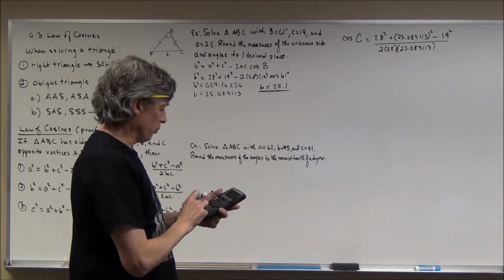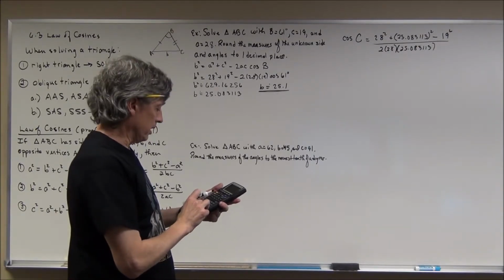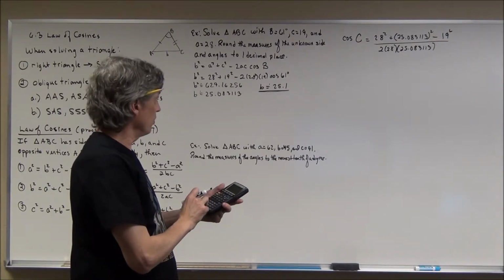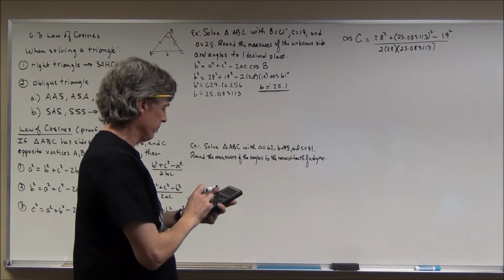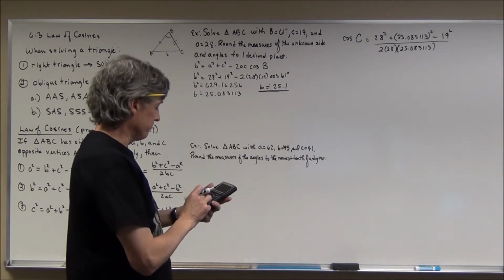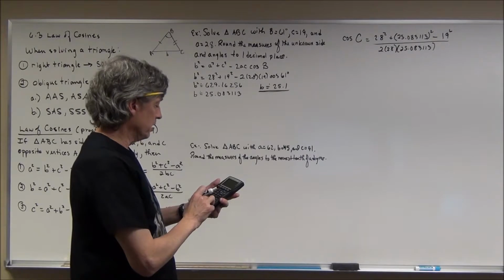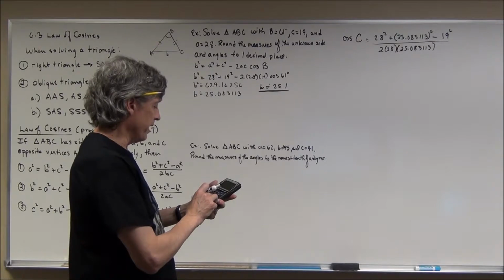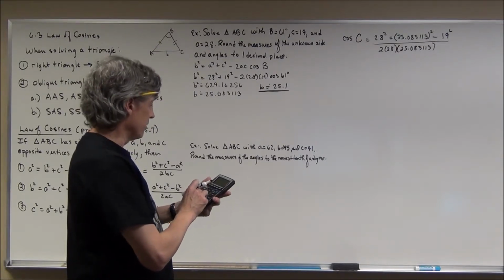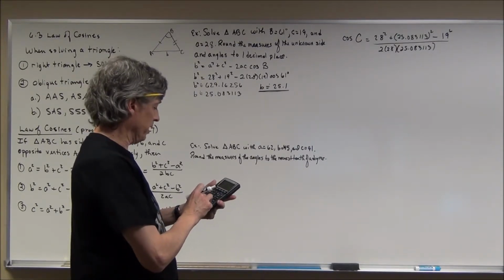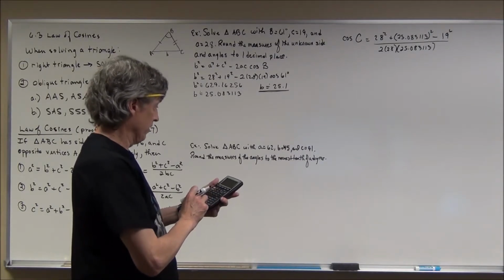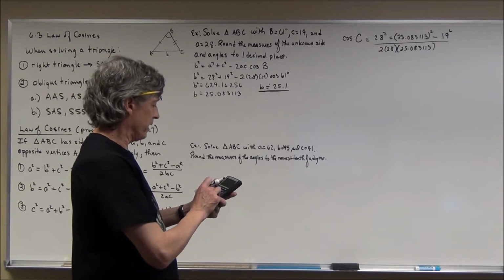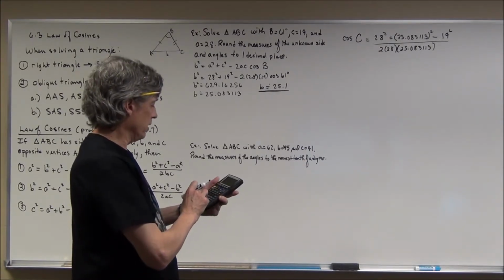So I have 28 squared plus 25.083113 squared, minus 19 squared, which is 361, and then I'm going to divide that by the product of 2 times 28, 56, times 25.083113.